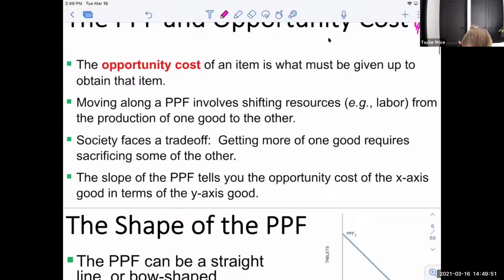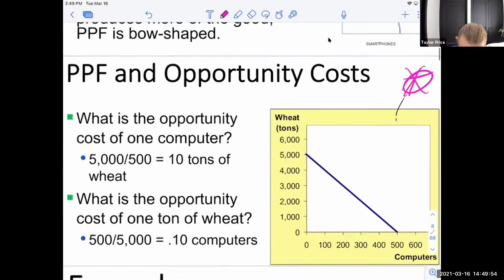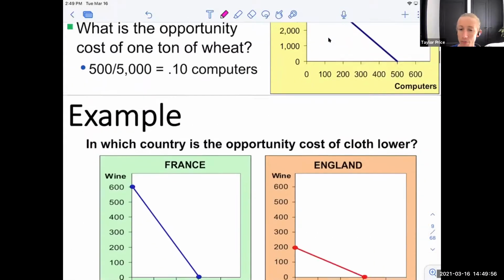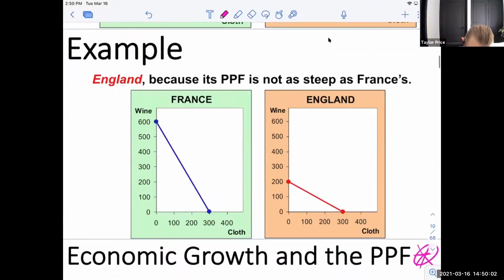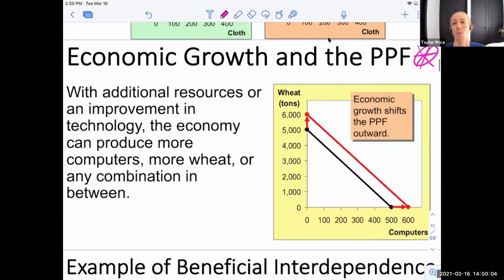Okay, excellent. So I'm going to skip past a lot of this because it's basically just reiterating opportunity costs and production possibility frontiers. But one final thing that I wanted to point out is that the production possibility frontier in a country can shift without international trade.